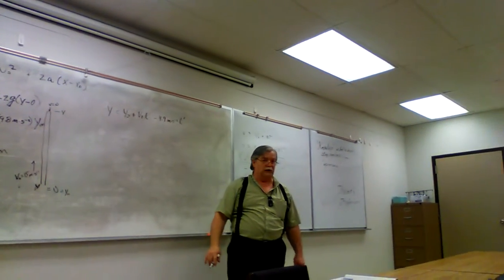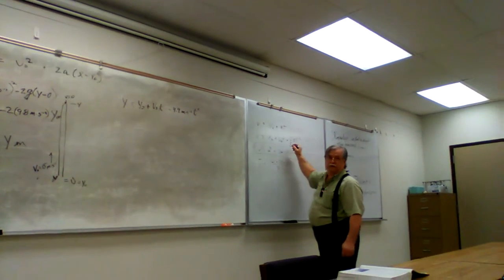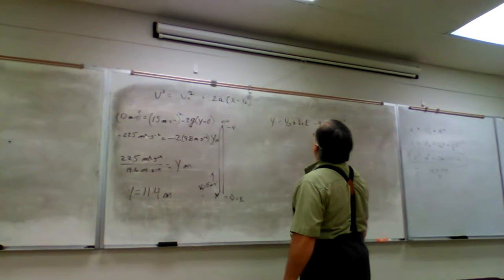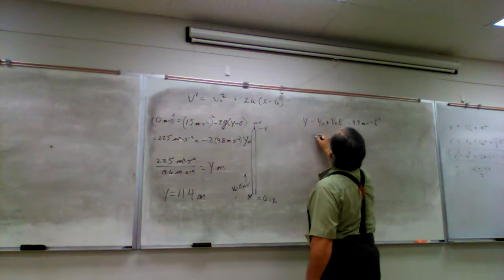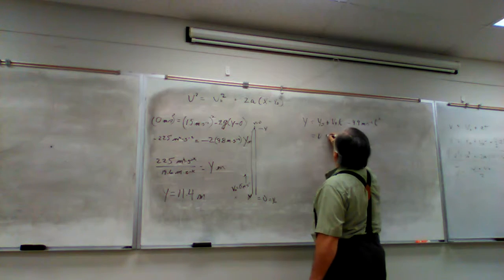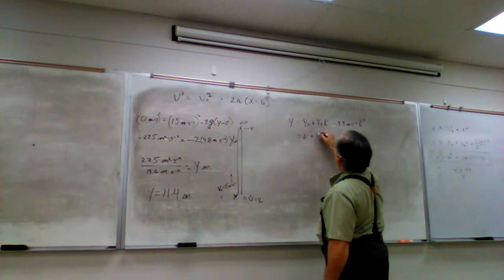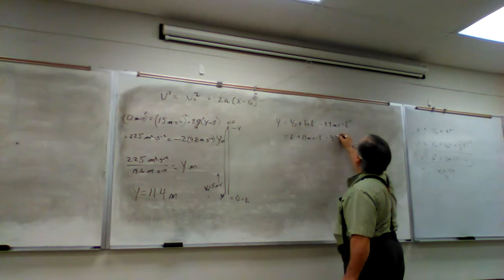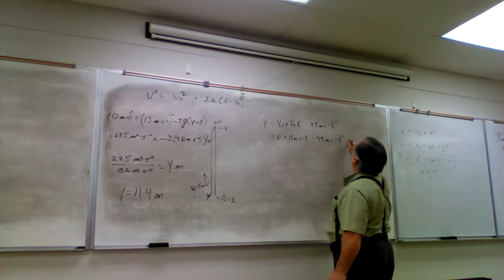It's minus 9.8 divided by 2, half the acceleration. And y sub naught is 0. The initial velocity is 15 meters per second times t minus 4.9 meters per second squared times t squared.